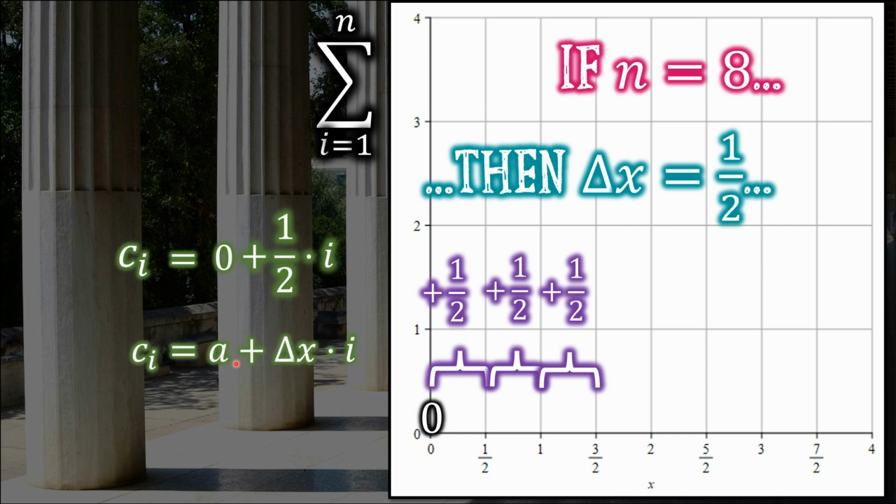I would start at the left endpoint of my interval, a, and then add to it delta x times i to find that right endpoint. Here we even know our delta x and our a, and my left endpoint is 0, that's where we're starting, and my delta x is this still arbitrary 4/n times i.